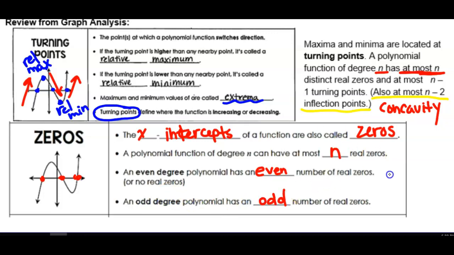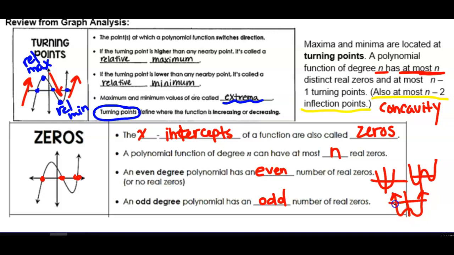Now, let me just talk about that for a second. Even degree polynomial. So it could look like this, or it could look like this, or it could look like this. Okay, so this one has 3 turning points, but only 2 zeros.